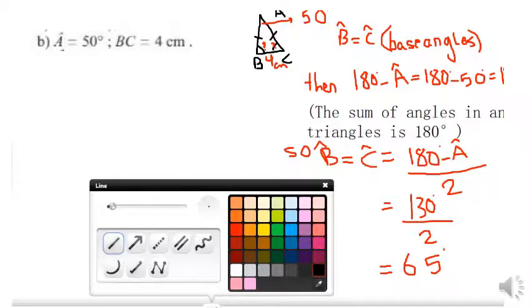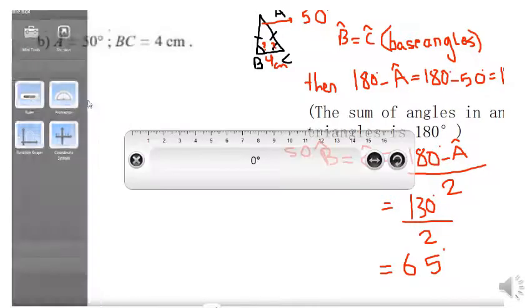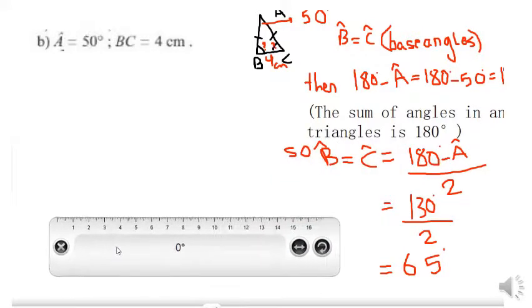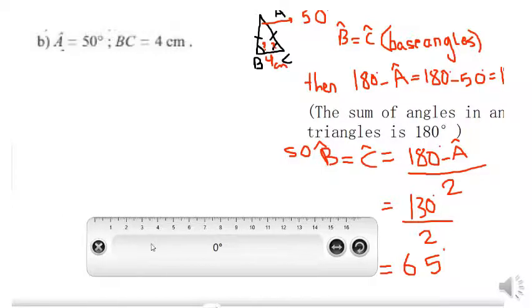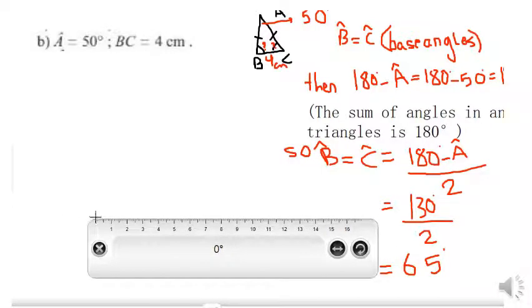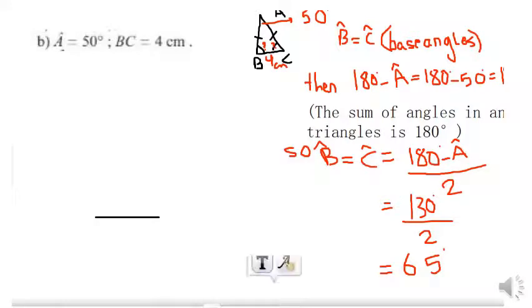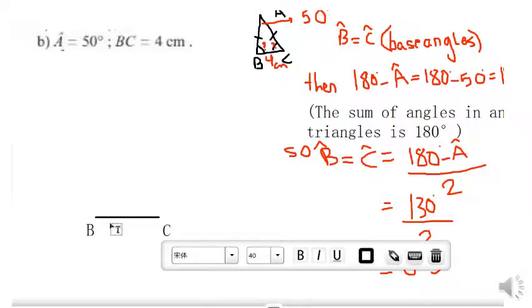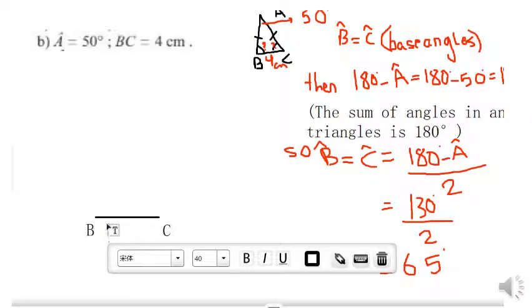So this is the case of angle, side, angle. So to draw it, we start with the side, which is BC, equal to 4 centimeters. Let's name it B, C, of length 4 centimeters.